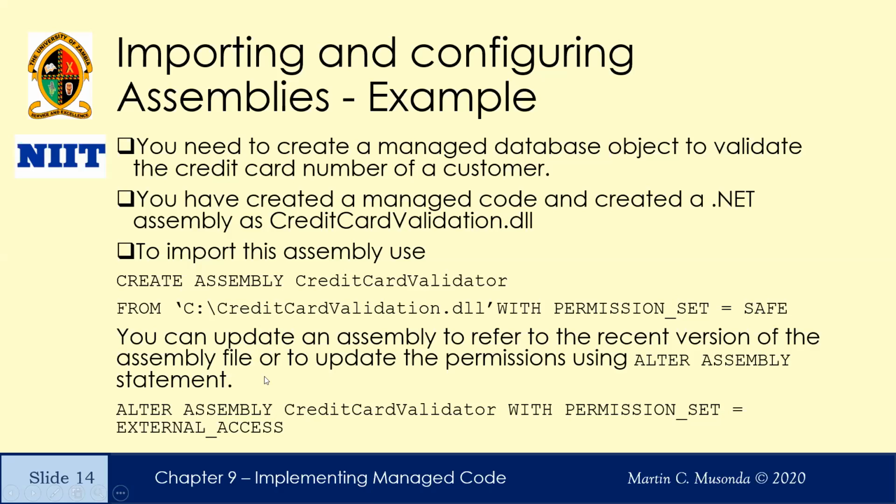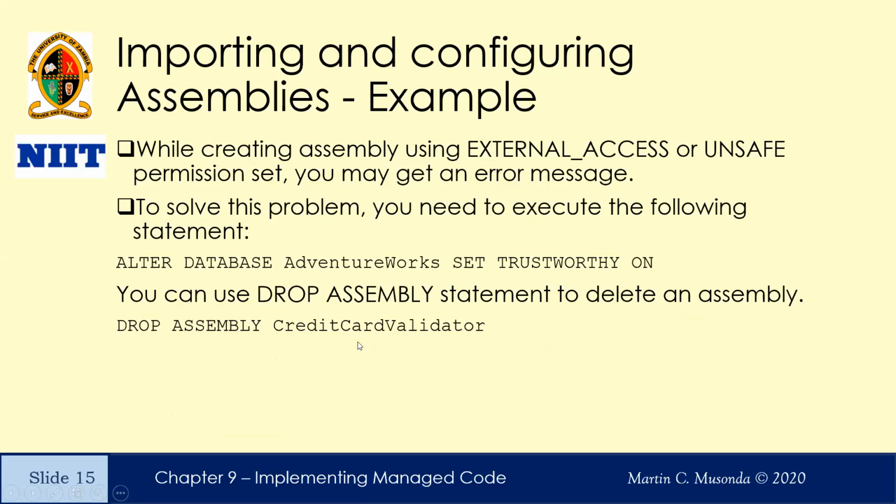So basically what we have done is we have taken this assembly, which we created here, which we imported here, and we have changed the permission from safe to external access.